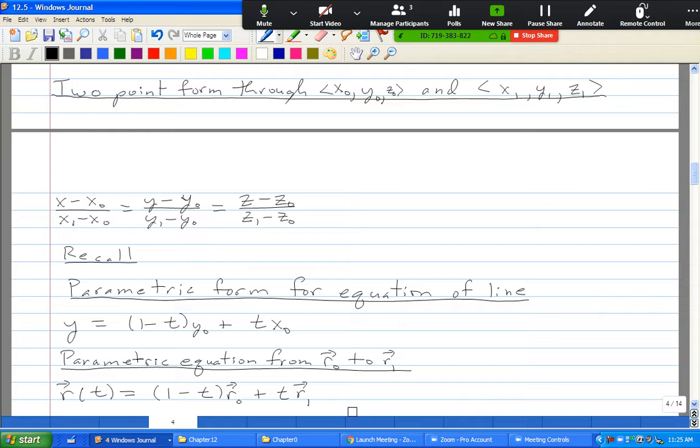We can write that as, well, the vector r as a function of t is just equal to (1 minus t) times the vector r sub 0 plus t times the vector r sub 1.